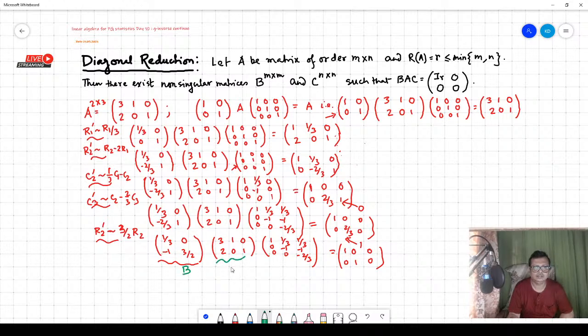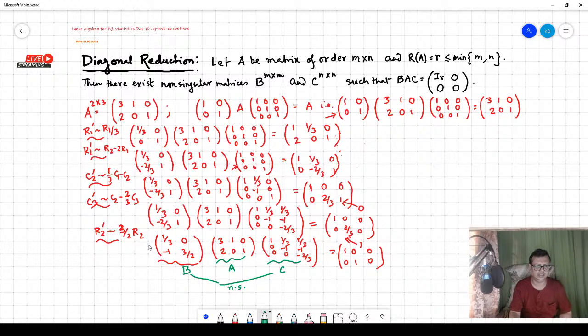This is A. This is C. You can easily say that B and C both are non-singular matrices, because elementary operation means pre-multiply or post-multiply by non-singular matrices.